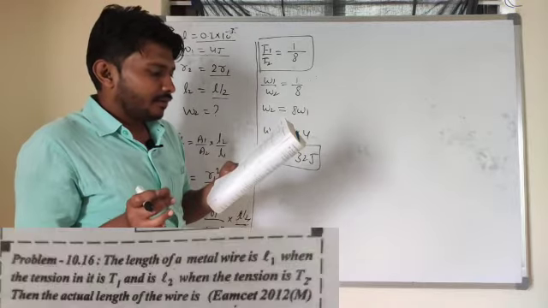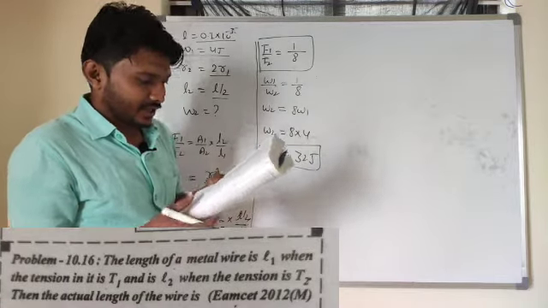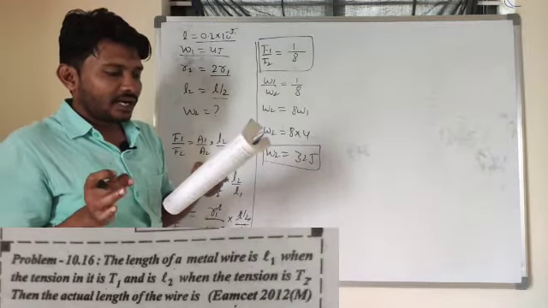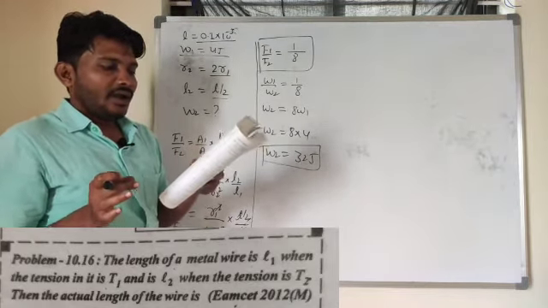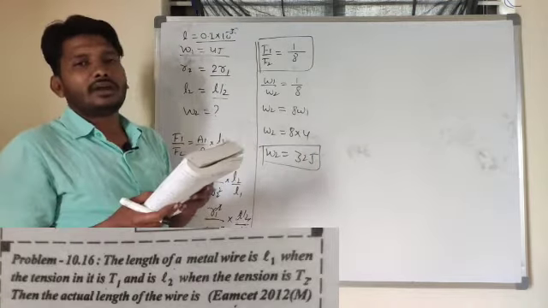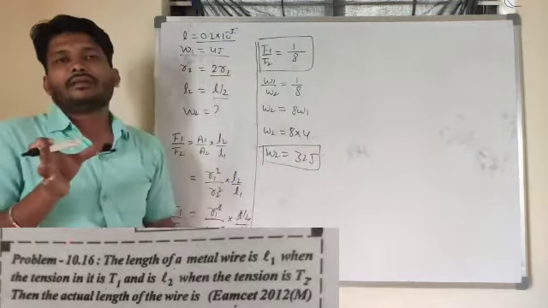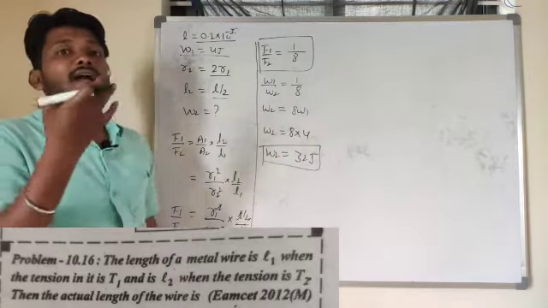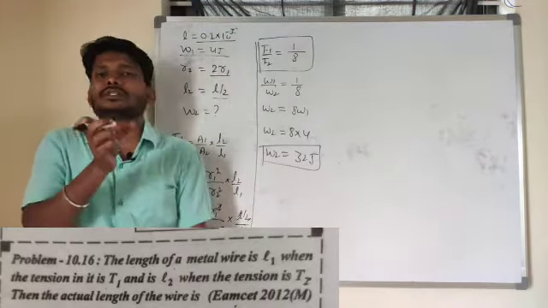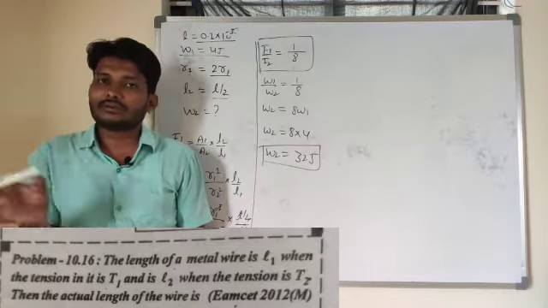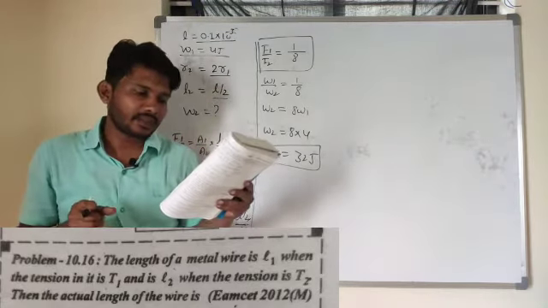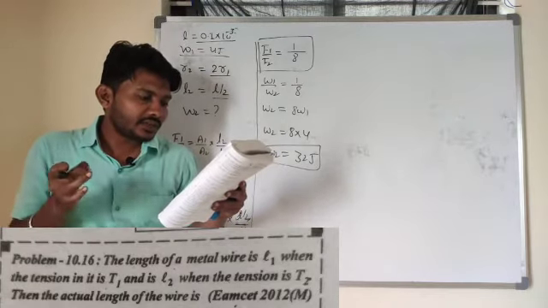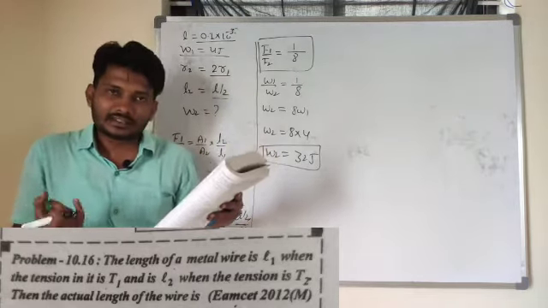The length of a metal wire is L1 when tension in it is F1, or T1. So I have one wire, and that wire has length L1 when tension T1, or force F1, is applied. And when tension F2, or T2, is applied, then its length is L2.